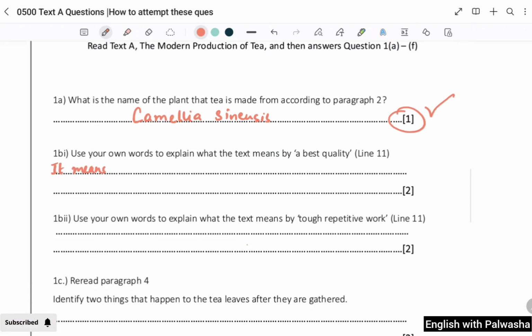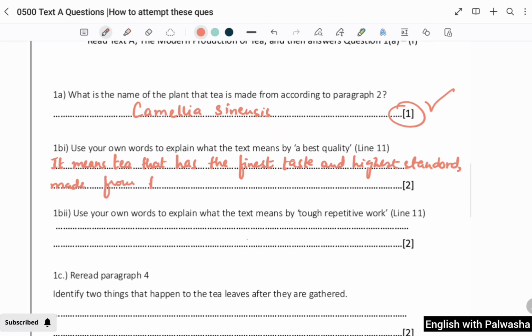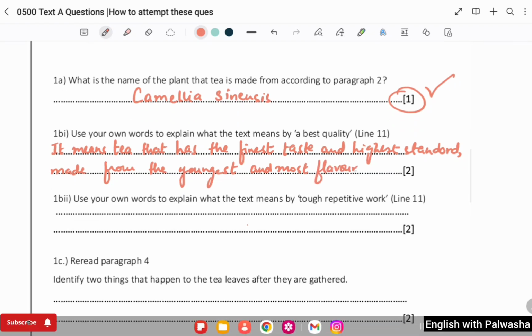It means tea that has the finest taste and highest standard, made from the youngest, because the keywords were there, so made from the youngest and most flavorful leaves.